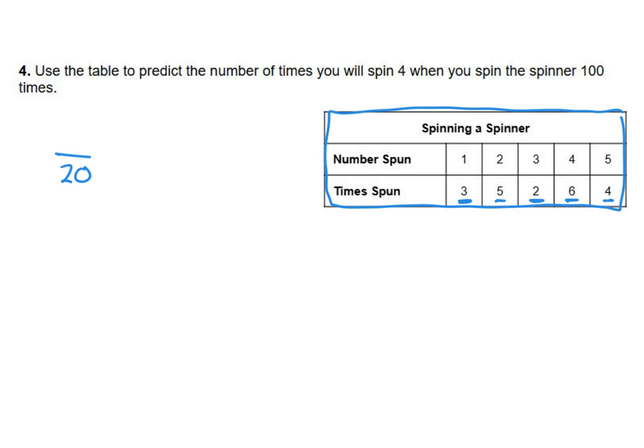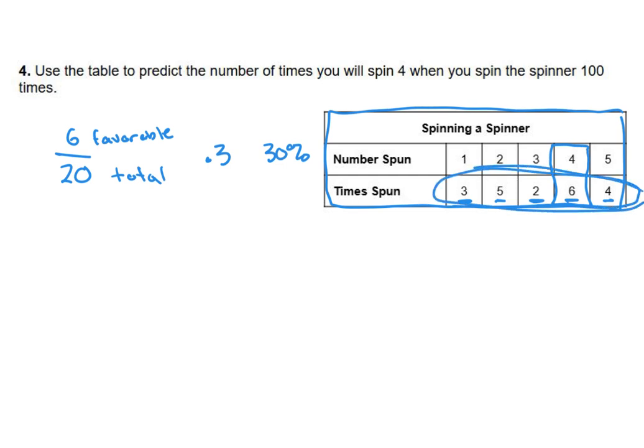Use the table to predict the number of times you will spin 4. So we want to look specifically at this right here. 6 out of the 20, 6 are favorable, 20 total. So we'd go 6 divided by 20 is 0.3, or a 30% chance. 30% chance when we did 20 trials.